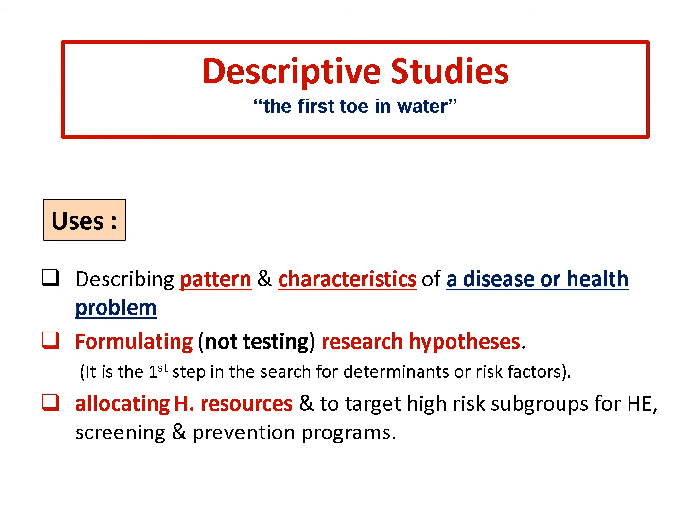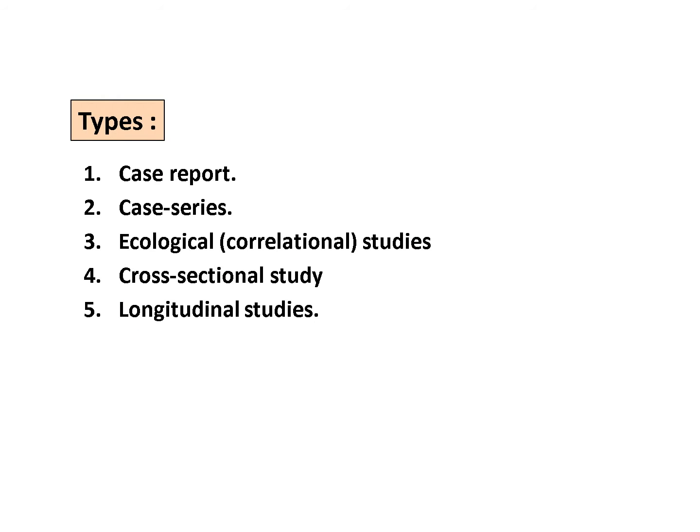And the third use is to allocate health resources and to target the high risk group for health education, screening and prevention programs. So descriptive study is only to describe. There is no analysis here. Only to describe the pattern of disease, formulate the research hypothesis, and allocate the health resources.